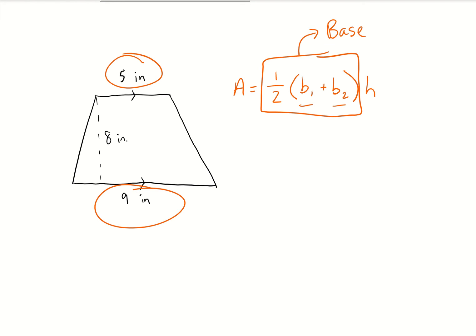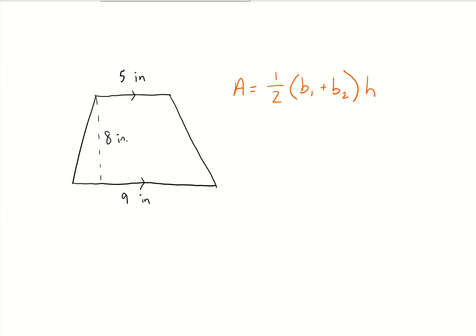All right, so let's walk through that really quickly. We have area equals 1/2 times B1, the first base. I'm going to use 9 for the first one, and then B2, the second base, I'm going to use 5. And then our height is 8, and again, that's right here.